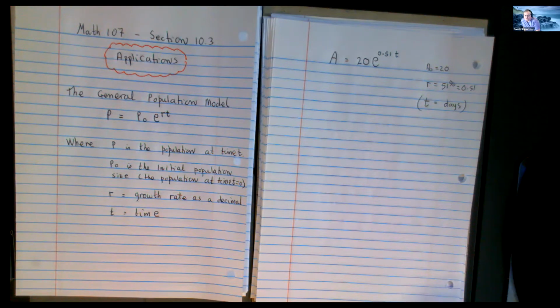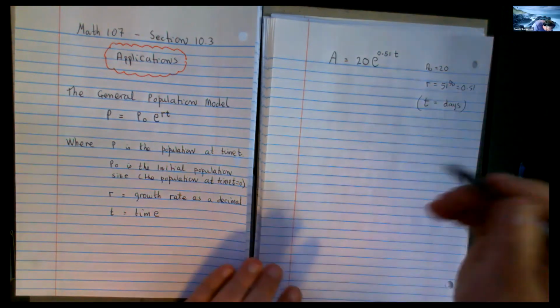The little buggers grow that quickly. And so for this model of an epidemic of Scottish flu, 20 people come over from Scotland with the flu and they give it to Americans. And we are now going to see how many people will have the flu after a certain amount of time.